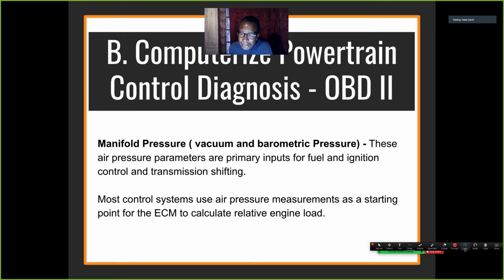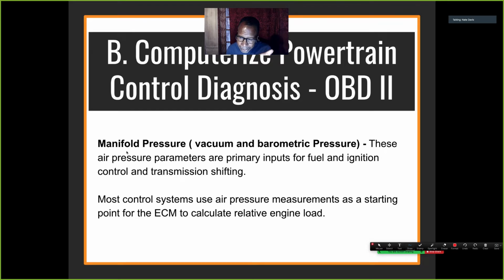Now, in some cases, on the composite vehicle, it's going to tell you about the MAP sensor. I hope I remember that when we get to that part, because this is a trick on the ASE test. If I remember correctly, it has a mass airflow and a MAP sensor.